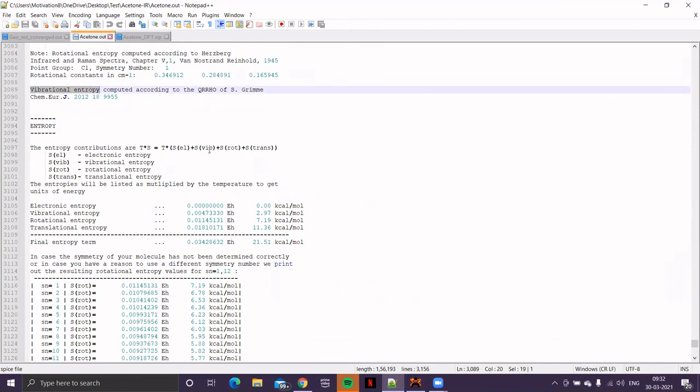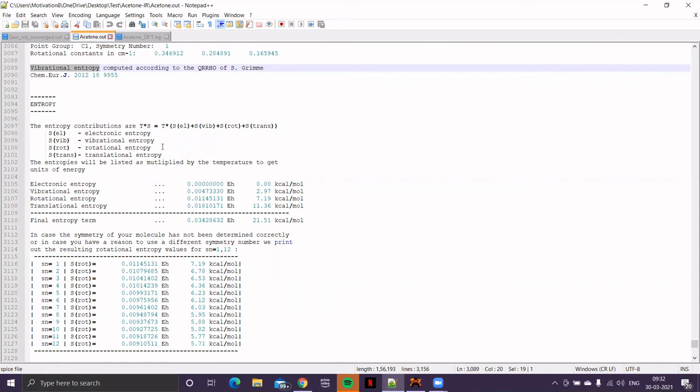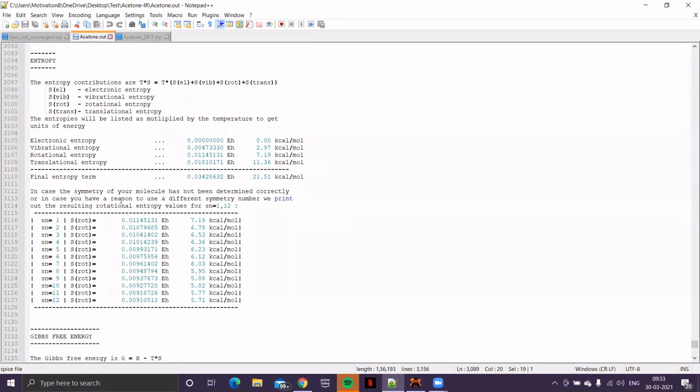Once they multiply with temperature, you get all these corrections due to the entropy: TS for the electronic, vibrational, rotational, and translational contributions. That's all you use in statistical thermodynamics. For rotational, you also look at the symmetry. For this particular symmetry, you get 7.19 kilocalorie, from a standard table.